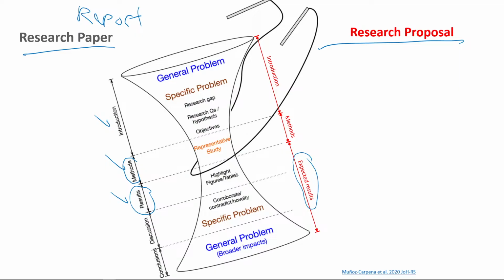And what is the novelty of this work, what new things did we learn, and what we still didn't learn and are still uncertain about, what we still don't know. Yeah, so that would be all part of the discussion. So basically you discuss: this is what we found, this is how this is new, or this is how this confirms or contradicts, this is what we are still uncertain about, and this is what we still don't know. So that would be the discussion.